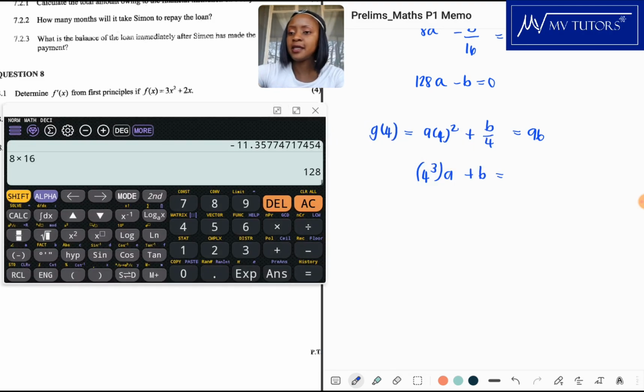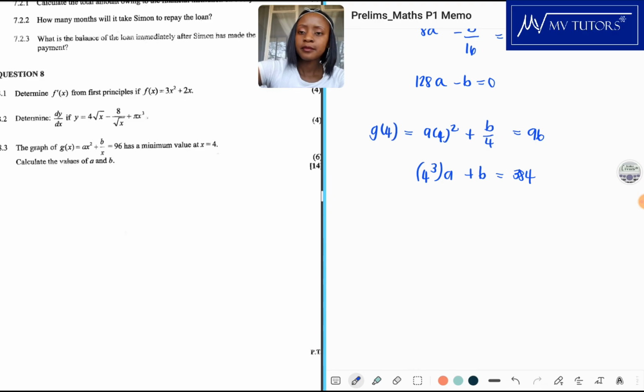What is 96 times 4? 384. Okay, let me simplify it further. 4 to the power 3, I think that's 64. Okay, so this is my first equation, and that is my second equation.